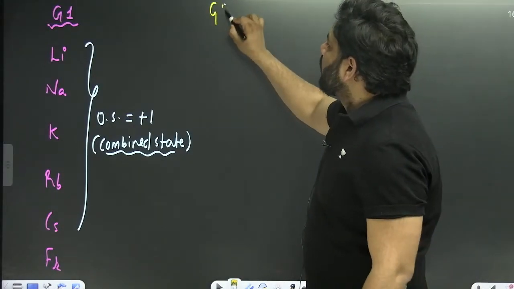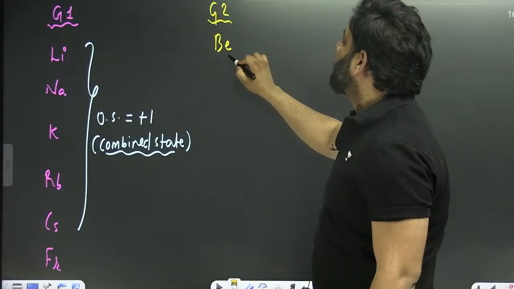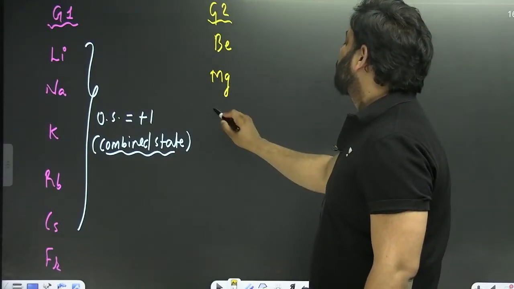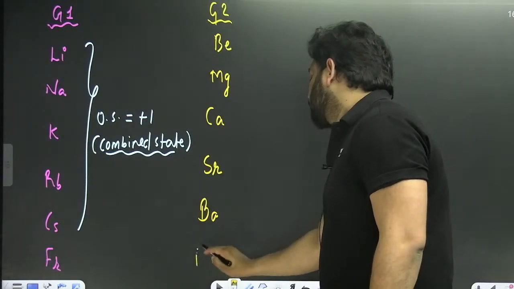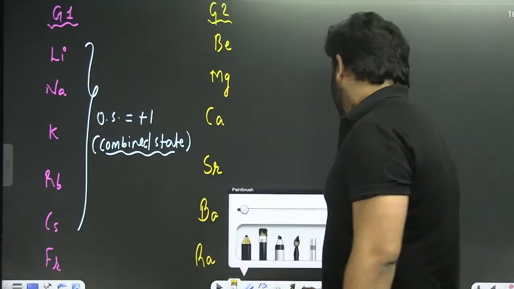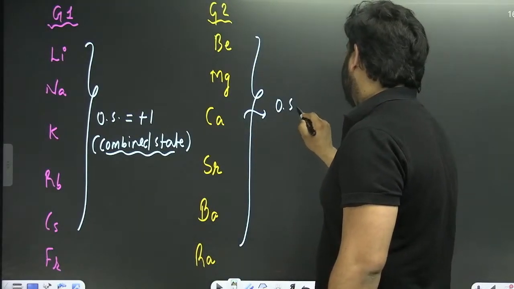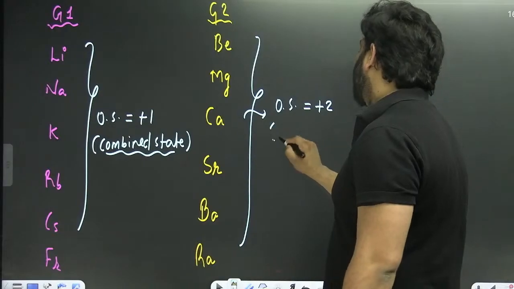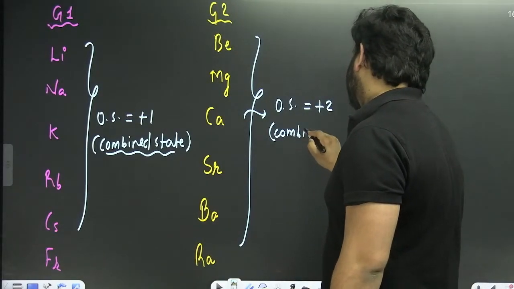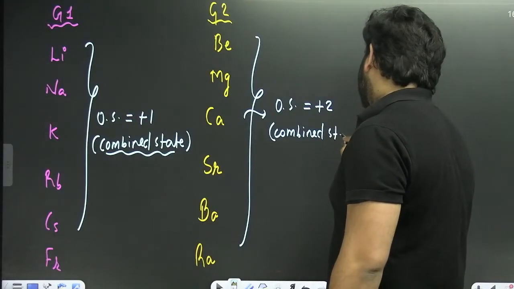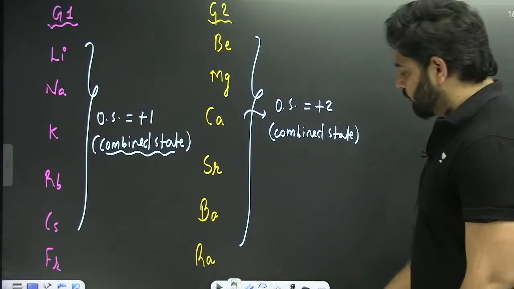Group 2, what are group 2 elements? We have beryllium, then magnesium, calcium, strontium, barium, radium. These all have an oxidation state of +2 in their combined state.